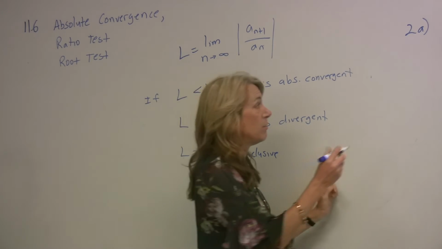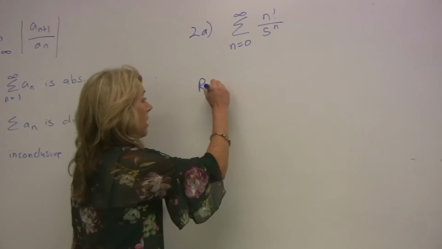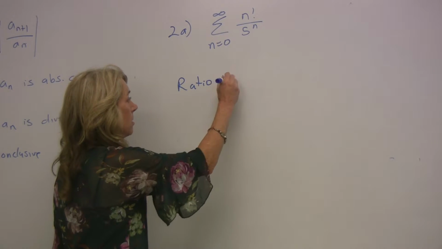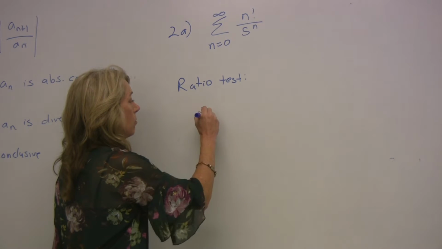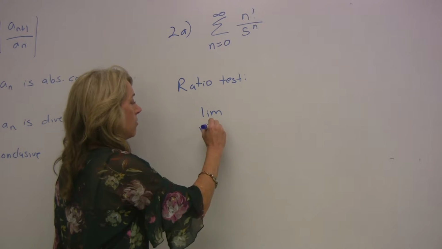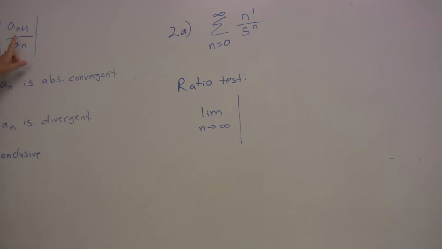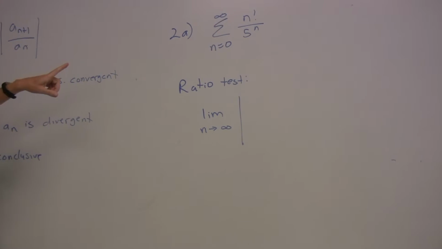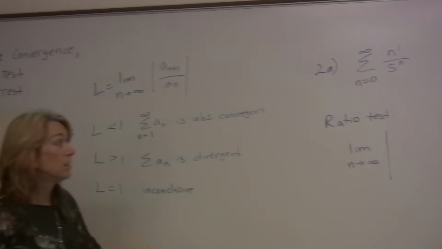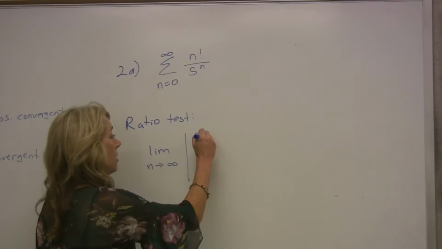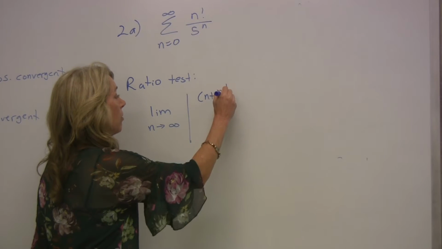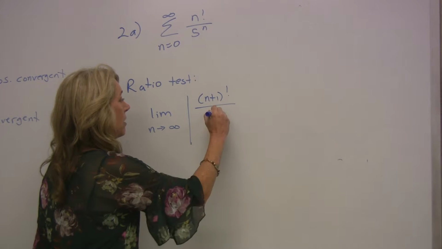To use the ratio test, we have to be willing to deal with a mess. We're going to take the limit as n goes to infinity of the n plus first term, which is the actual term I'll get when I plug n plus 1 in there. We can do this. N plus 1 factorial over 5 to the n plus 1.